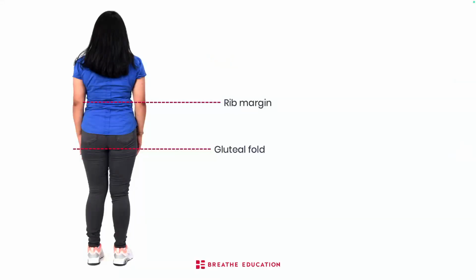So feel that on yourself. The inferior gluteal fold. Here's where it is on this woman. So anything above the gluteal fold and below the rib margin is low back pain, with or without leg pain.